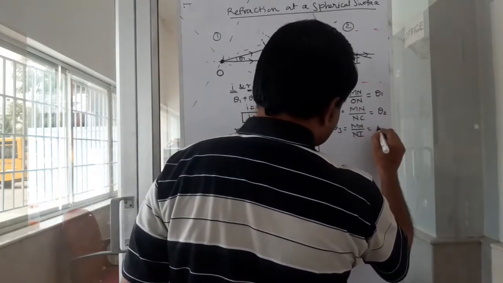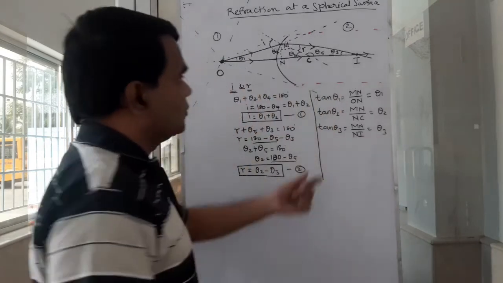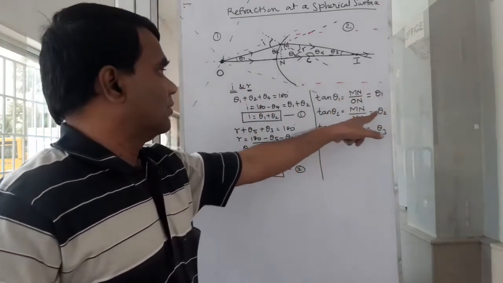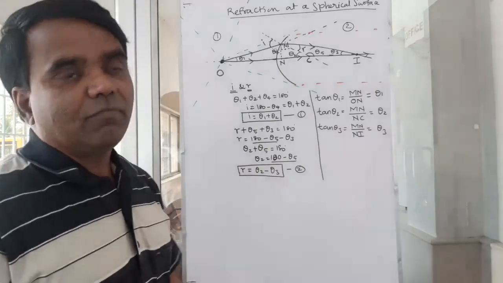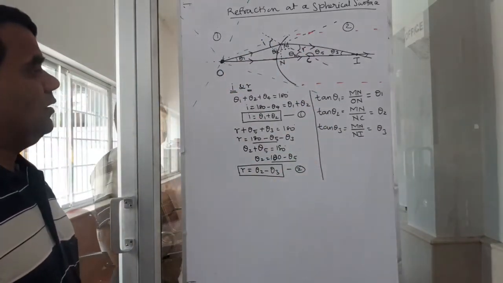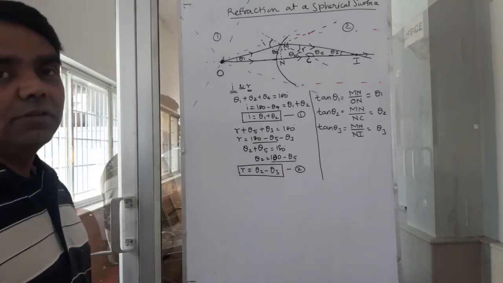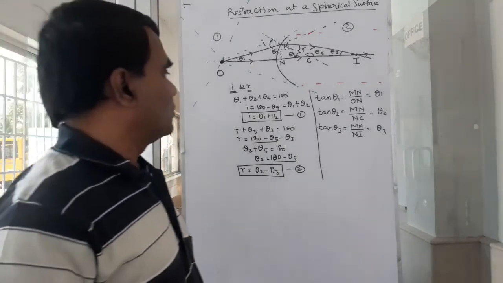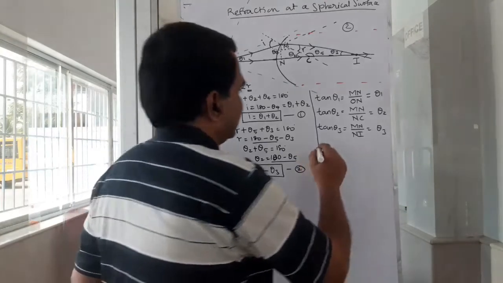Tan theta 3 is equal to theta 3 in radians. So you notice here I found theta 1, theta 2 and theta 3 like this. Okay. Now, we'll keep it like this.